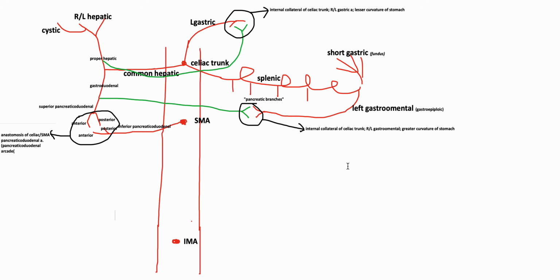Okay. All right. Continuing on from our SMA, we now have several branches that are going to the ileum, the ascending colon, and the transverse colon. So, our first branch, and keep in mind this is not anatomically accurate, just because I'm trying to show you all the branches on one page, but we have one branch that is essentially the termination of the SMA called the ileocolic artery.